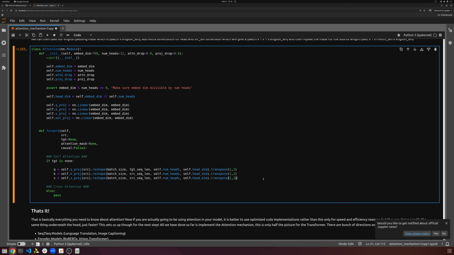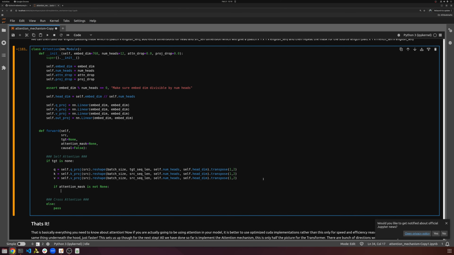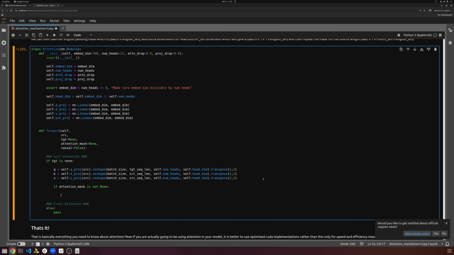And then if attention mask is not none, then we go ahead and do attention mask is equal to attention mask dot bool. This verifies that we're passing in a Boolean mask. If we didn't, then it will convert it to a bool.